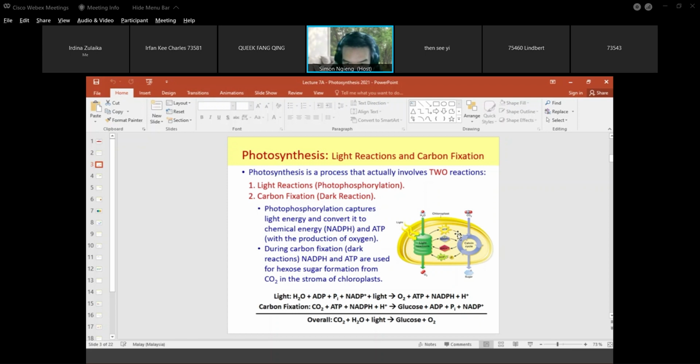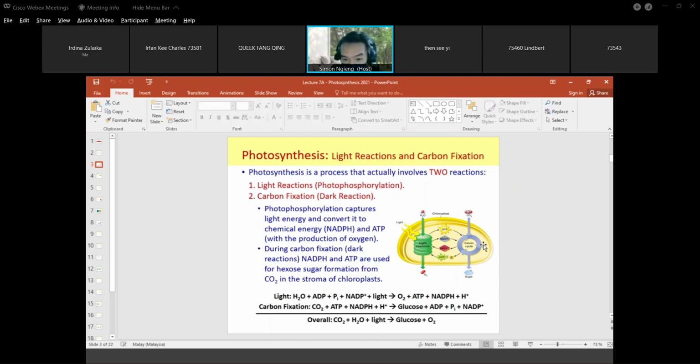Oxygen is released into the atmosphere, but these two things, your ATP and NADPH, are very much needed for the next step, which is your Calvin cycle or the dark reaction. If you refer to textbooks or other references, you will very often come across that ATP and NADPH generated from the light reaction are needed to feed your Calvin cycle.